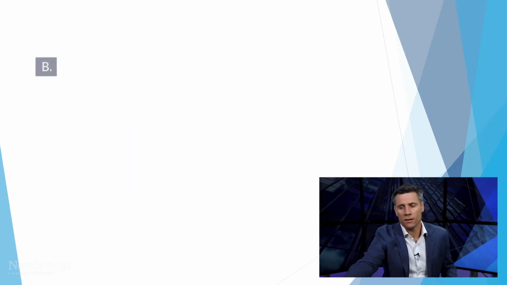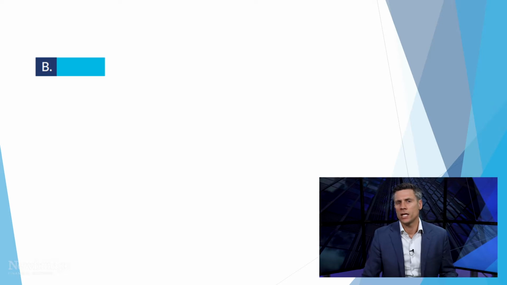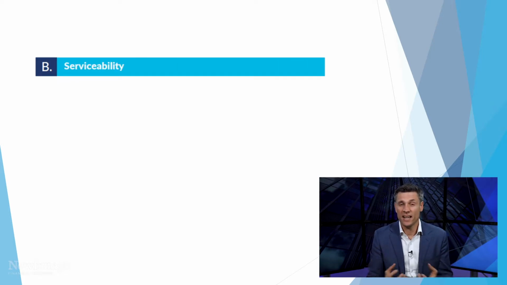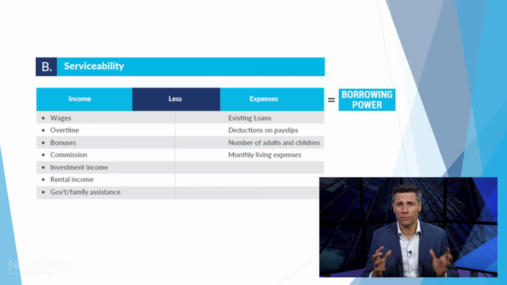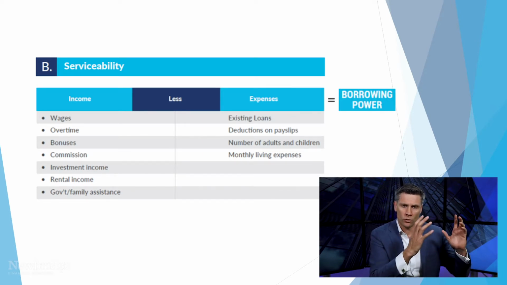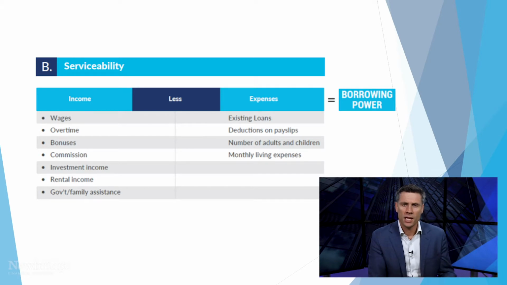The second part within understanding your level is your serviceability, and that's often referred to as your borrowing power. If we have a look at the slide, that is simply a process of the bank taking into consideration what your total income is, then looking at your total expenses, so any existing loans you have and the number of dependents in your household, and then from that figure, understanding how much you can afford each month to go towards a mortgage repayment.